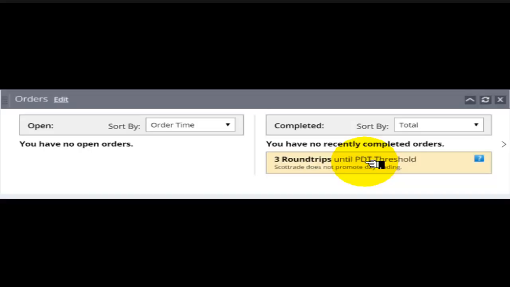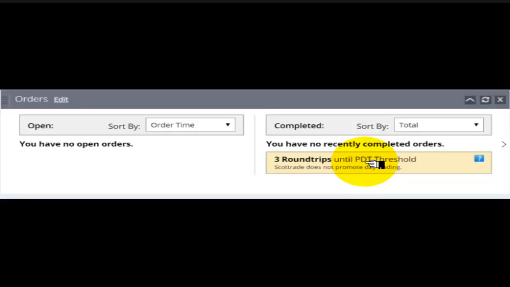They created the pattern day trade rule that says if you have less than $25,000 in your account as margin, and what they mean by that is 25,000 is margin. You can't touch it. It has to sit there. Anything above and beyond 25,000 that you put in your account is your tradable funds. The 25 you can't touch.